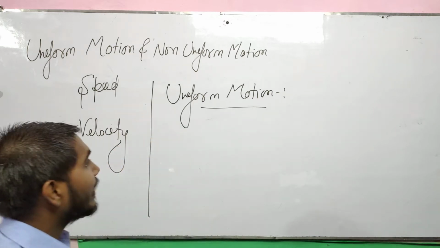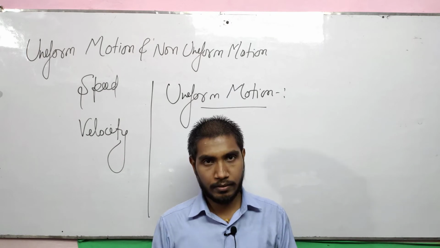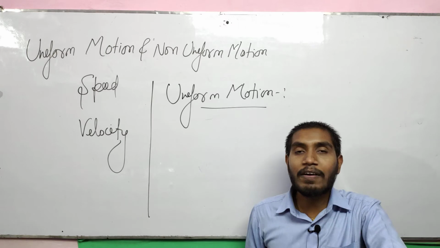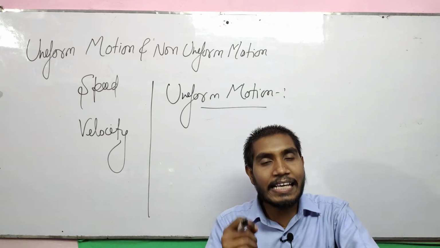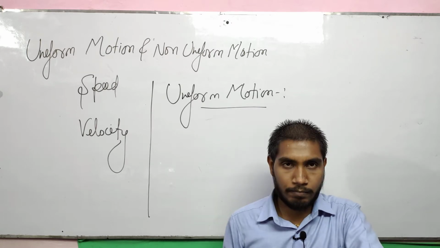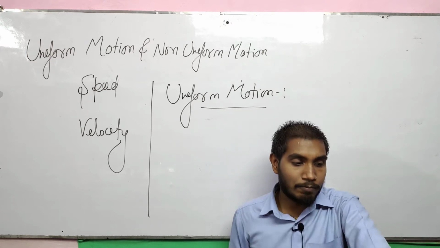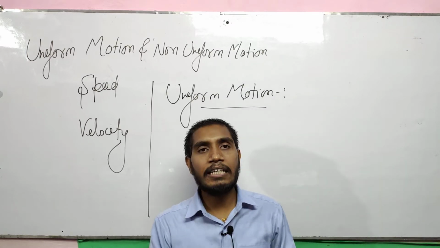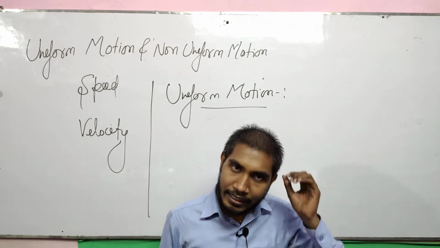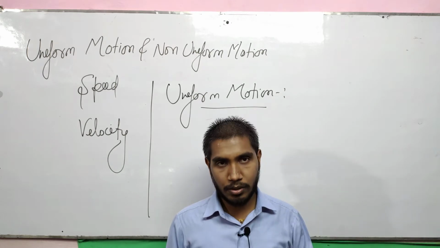So we say if an object travels equal distance in equal interval of time, however small the time interval maybe, then the motion of the object is called uniform motion.